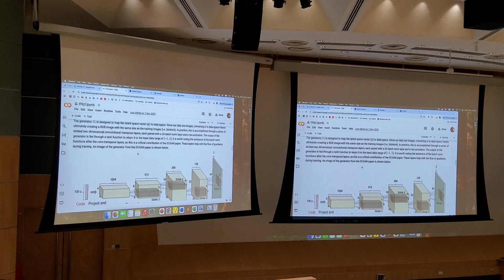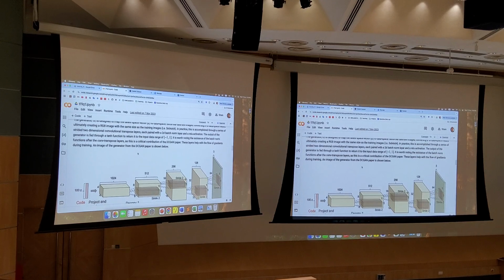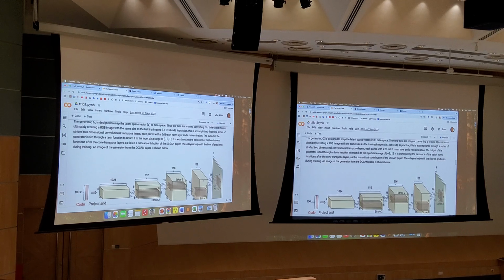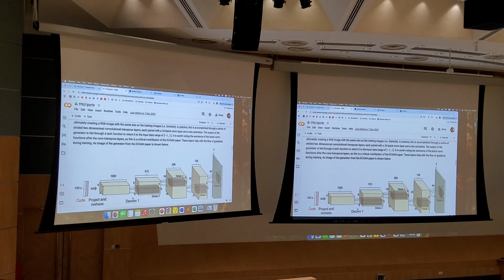This is the design of the generator. The input is a random vector with 100 dimensions, and the output is 3 times 64 times 64, which is the size of the image. You can see that we accomplish this mapping through a series of so-called deconvolution layers, or transpose convolution layers.